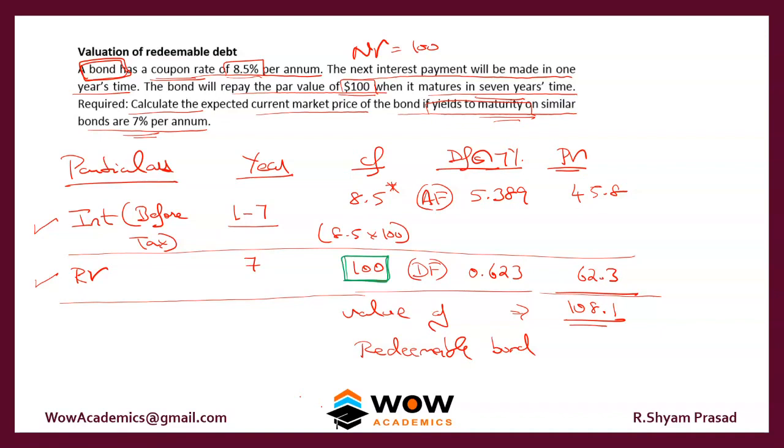Because in convertible debt you have an option: whichever is higher, the redeemable value or the share value, you can take, and that will be substituted here. Apart from that, there's no other difference between the valuation of a redeemable debt and a convertible debt. So it's quite easy.